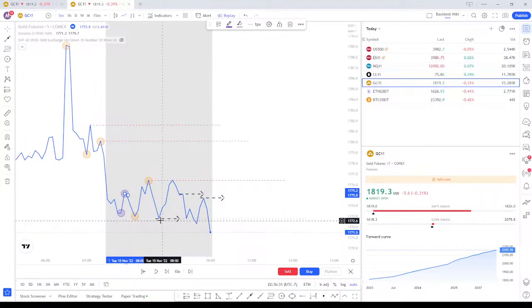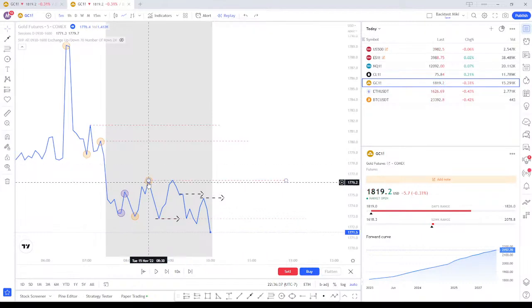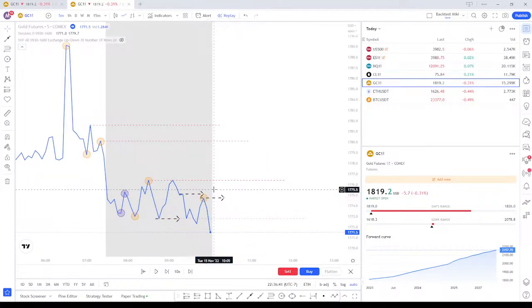So now we had the break of all of the structure finally. So this becomes a structure. This becomes a structure high here. Finally, we shouldn't be taking this. If anything, we would have taken this as a structure high for this low. So this becomes structure high.